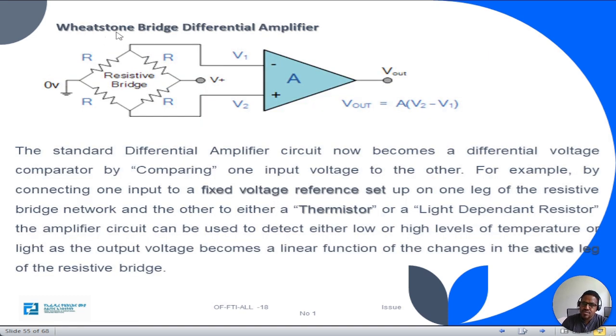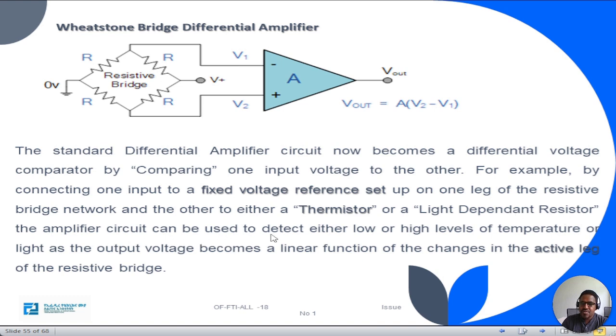Again, the Wheatstone bridge differential amplifier is an application of the differential amplifier. The standard differential amplifier circuit now becomes a differential voltage comparator by comparing one input voltage to the other. For example, by connecting one input to a fixed voltage reference set up on one leg of the resistive bridge network and the other to either a thermistor or light dependent resistor.